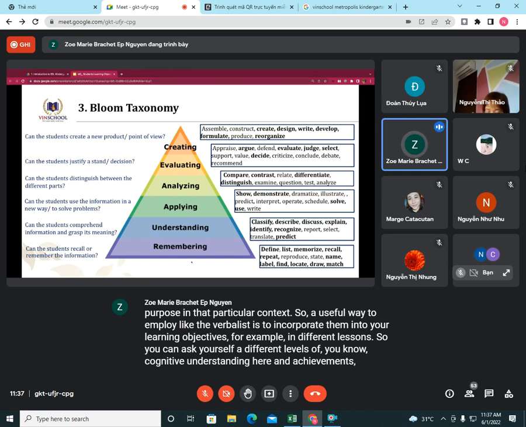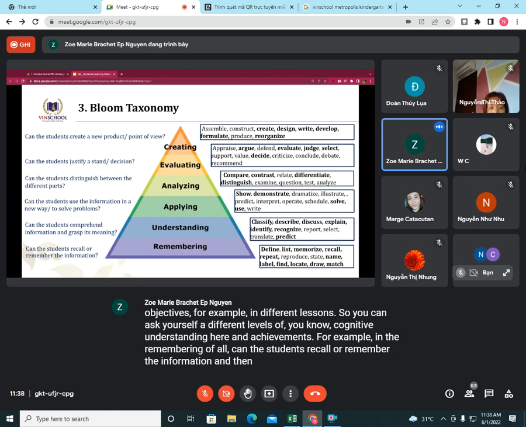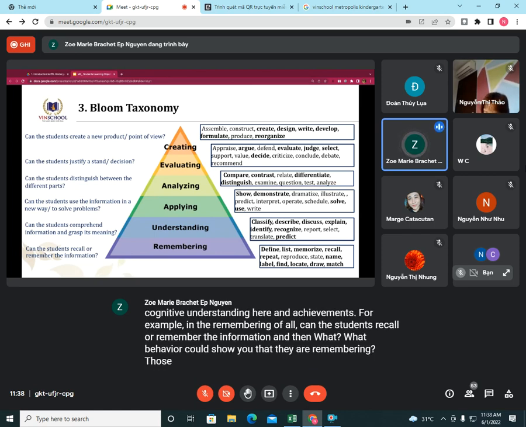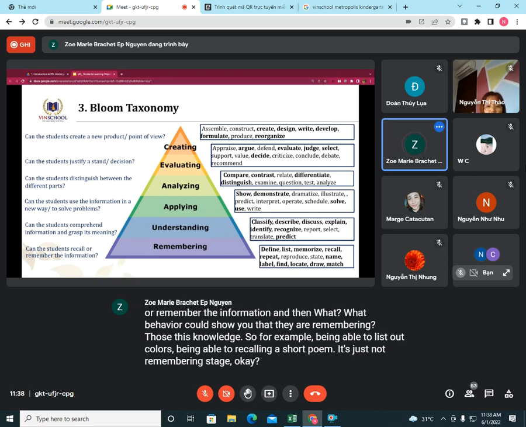For example, in the remembering level, can the students recall or remember the information? And then what behavior could show you that they are remembering this knowledge? So for example, being able to list out colors, being able to recall a short poem. It's just at the remembering stage, okay?